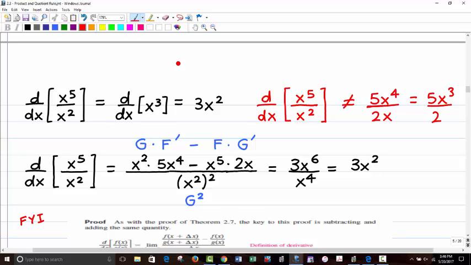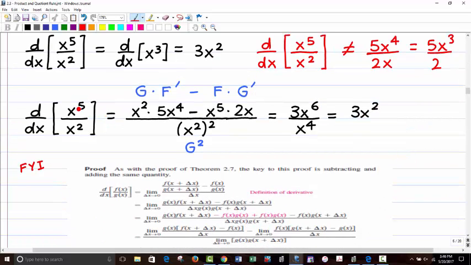So therefore, the derivative of x to the fifth divided by x squared has got to be 3x squared. So I'm going to show you over here in red that taking the, that's not f prime over g prime. Derivative of x to the fifth is 5x to the fourth, of x squared is 2x. That simplifies to 5x cubed over 2, which is obviously not 3x squared.